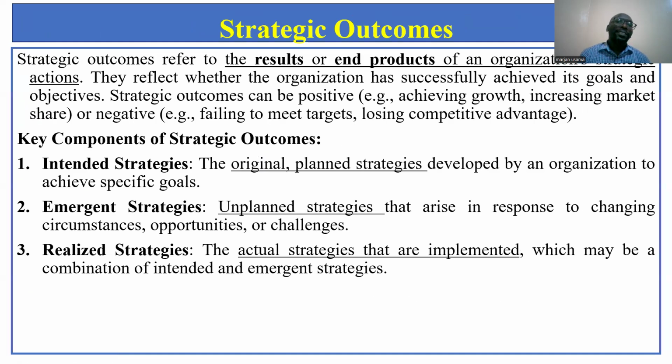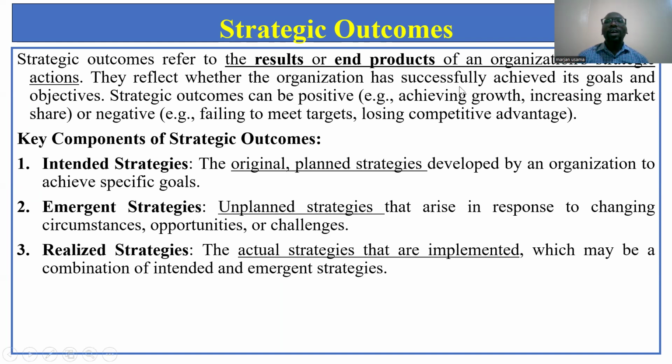Now, lastly, is it the last thing? I think this is the last thing today. There is what is known as strategic outcome. So what is strategic outcome? Strategic outcome refers to the results or end products of an organization's strategic actions.